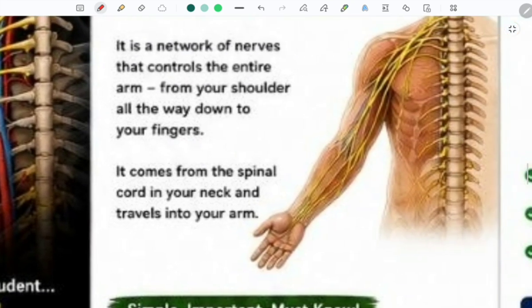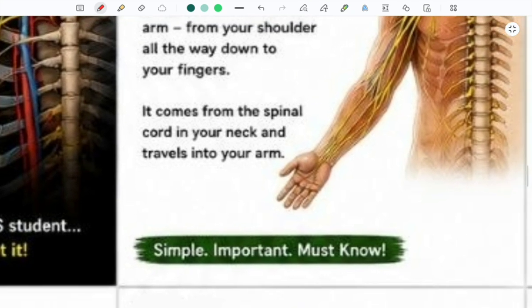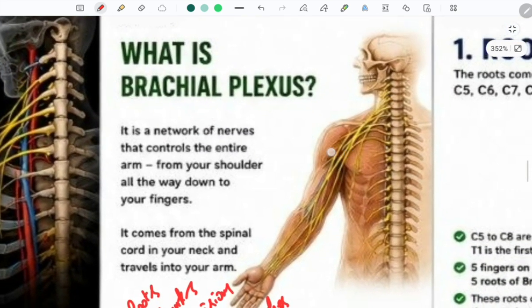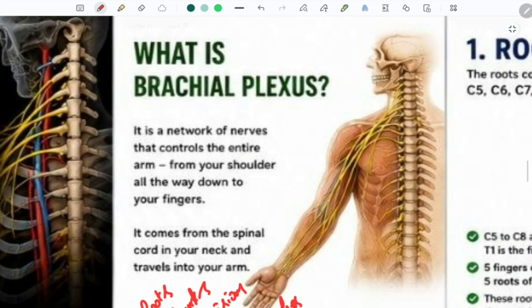The brachial plexus has roots, trunks, divisions, cords, and branches. I will tell you about all of this.